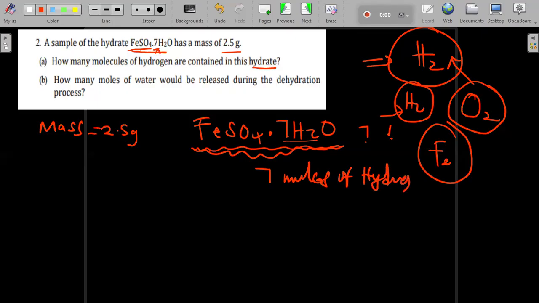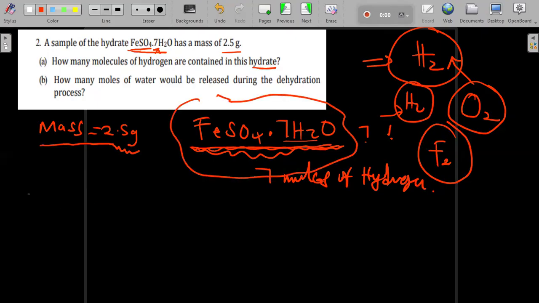Okay, we have 7 molecules of hydrogen just in the formula. So now here they want us to find how many molecules of hydrogen are going to be specifically there in a mass of 2.5 grams. If I just have this formula like that, this formula represents 1 mole of this whole compound here.